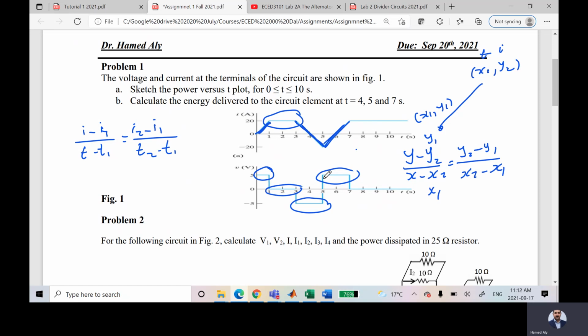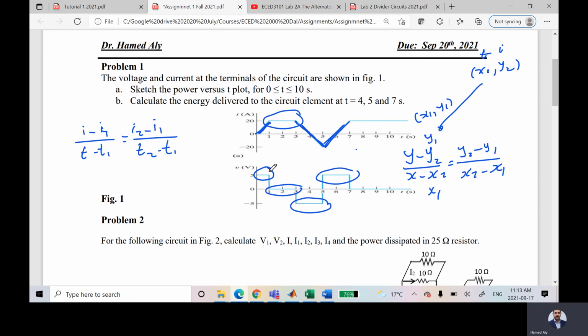Why? Because like what I told Matthew, he is asking me, can we find the area under the curve? I told him yes, because you are talking about straight lines. So if you have this guy and you would like to multiply this guy by this value, it will be shifted somewhere. If you are able to find the new equation from the graph and it is right, you will not lose marks.